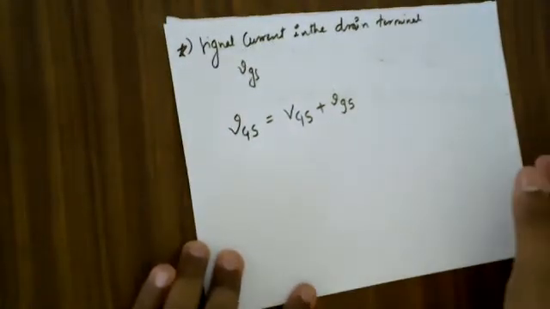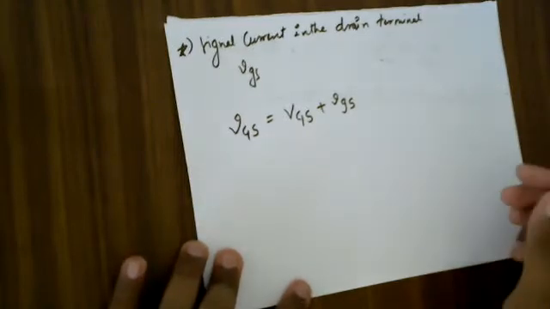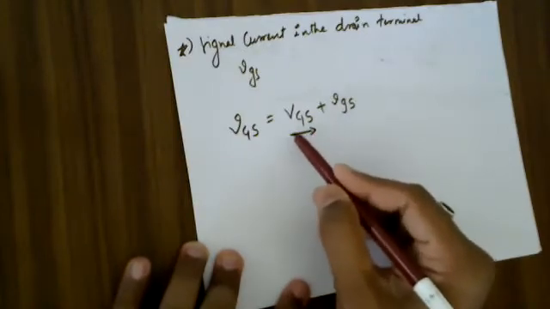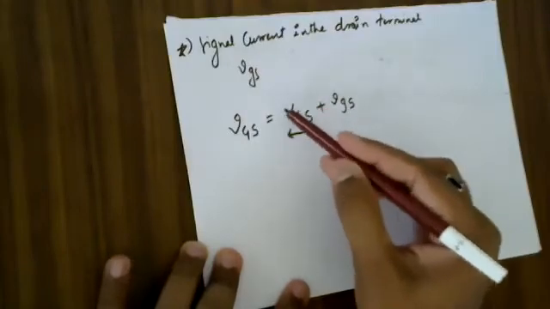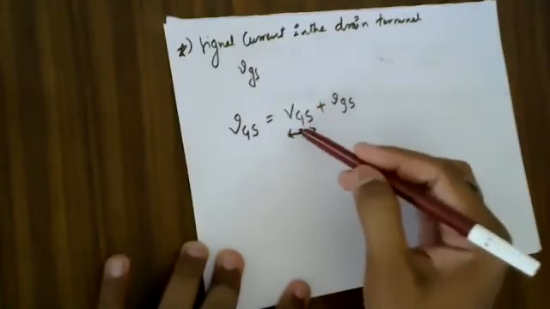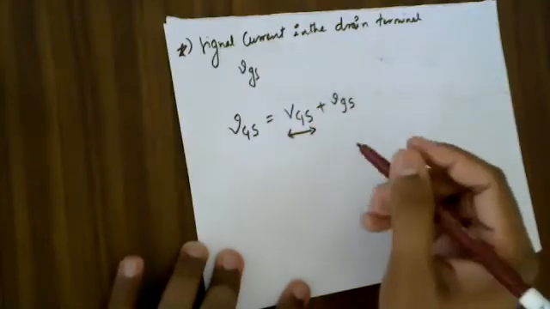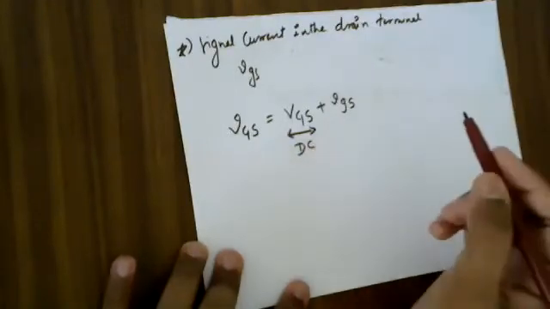Now I'll ask you a question so that I get confirmation that you are able to understand what I am explaining. What is this VGS? What component do you call this term? What is this term indicating? Yes, answer in the group chat. Good. So this term is indicating a DC term.